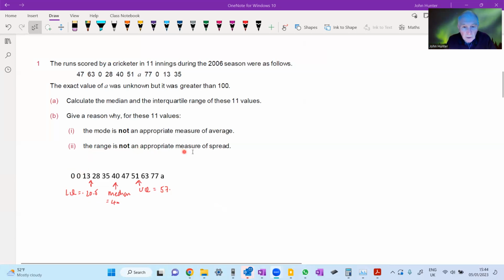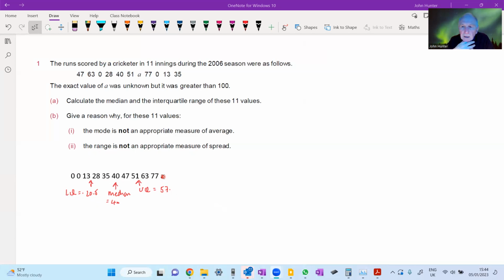The range is not an appropriate measure of spread. Well, the range would be the whole range from one end to the other. Why is it not appropriate? Well, first of all, we don't know what this top one is, so we can't even calculate it. So it's certainly not appropriate if we can't calculate it.